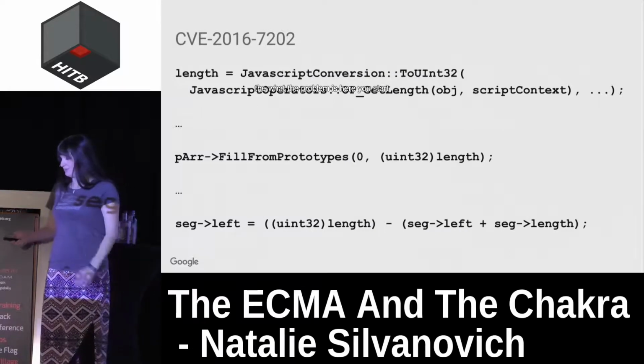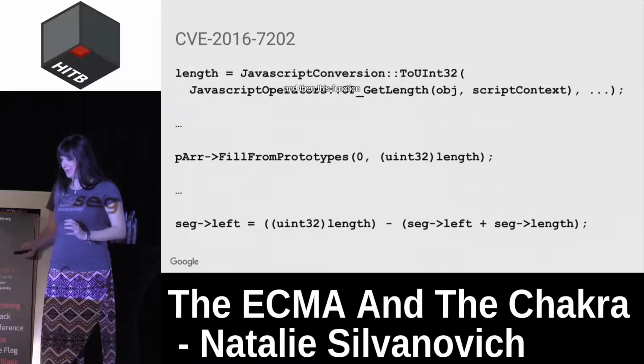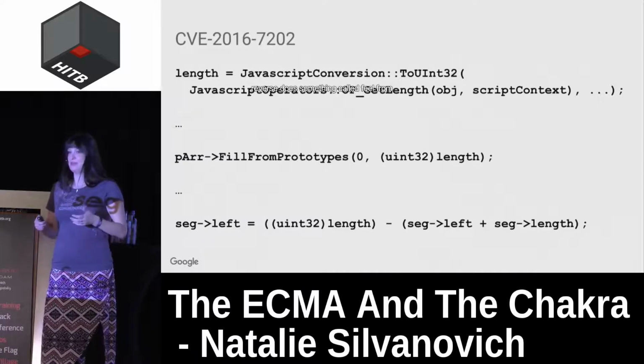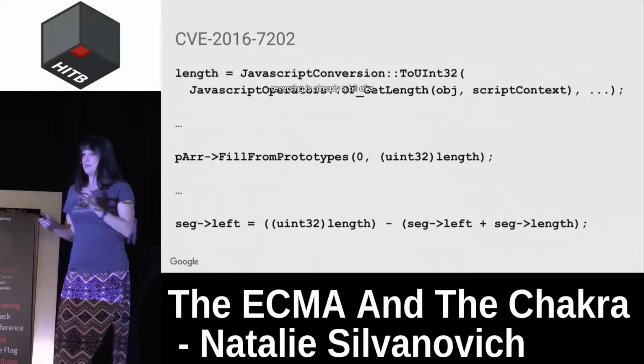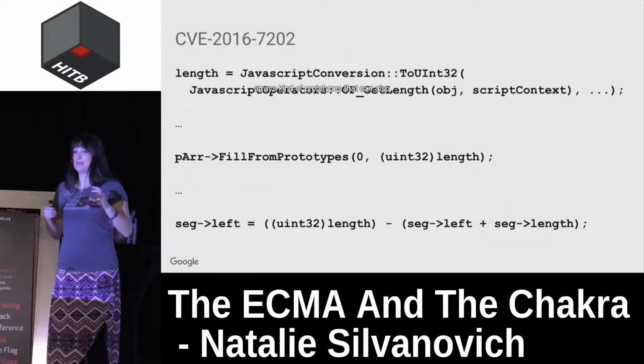So then you can see what the problem is here. You start off by getting the length of the array, and then this function, reverse, does something called fill from prototypes. Because reversing is already a bit of a nightmare. And it's even more of a nightmare because you have to realize arrays can have prototypes that can also have indexes in them.